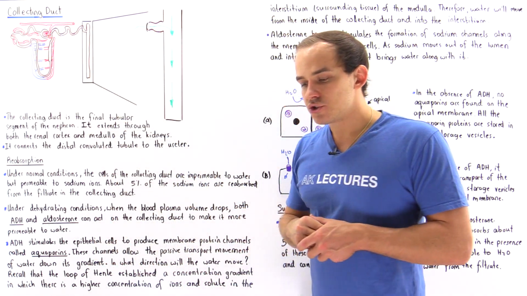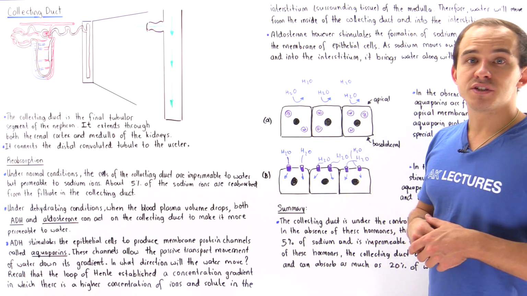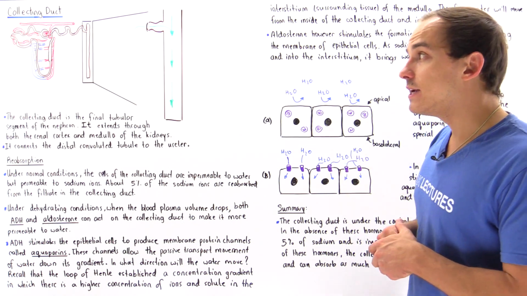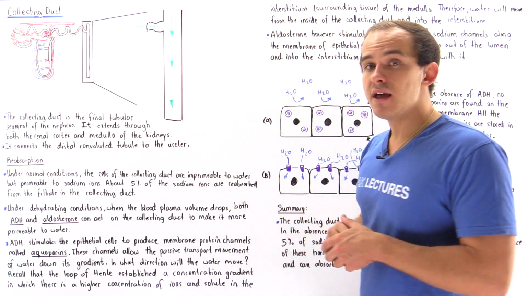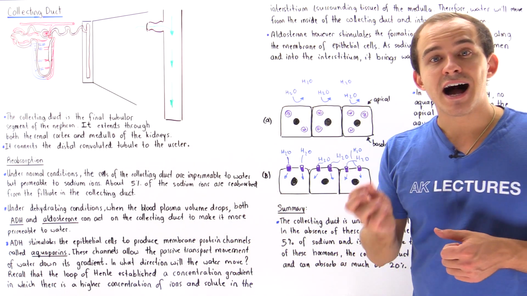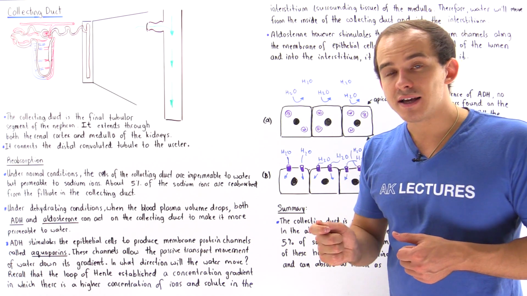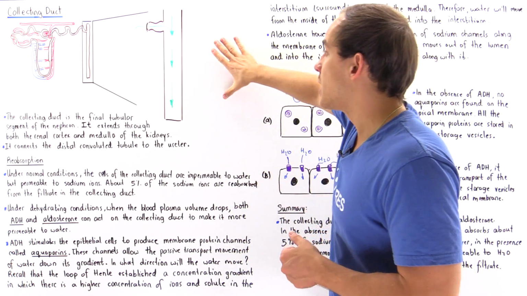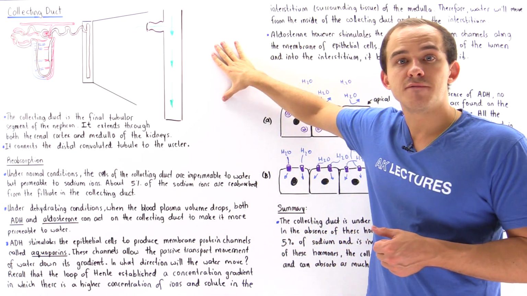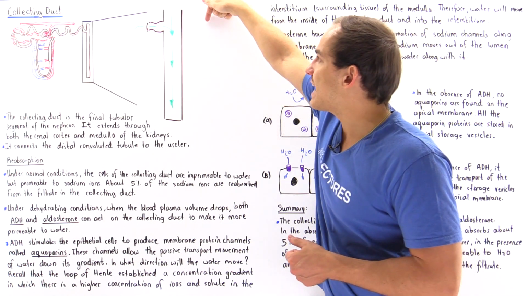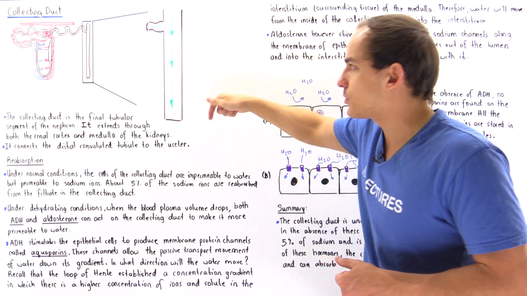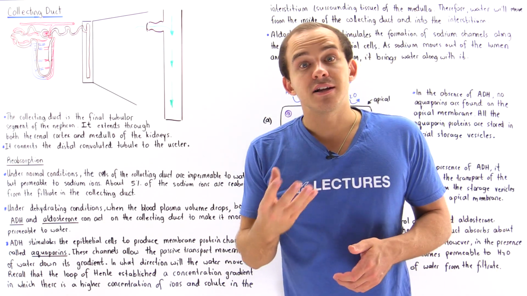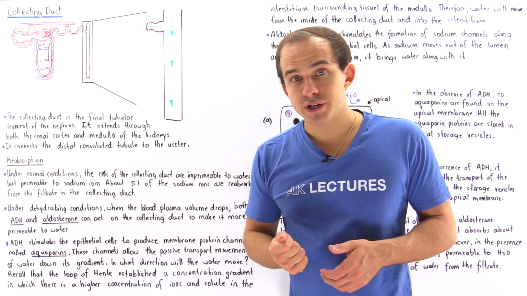In our discussion on the countercurrent multiplier system and the loop of Henle, we basically said that what the loop of Henle does is it creates a high concentration of ions, of solute ions, in the interstitium of our medulla. In fact, as we go deeper into our medulla, the concentration of ions increases.